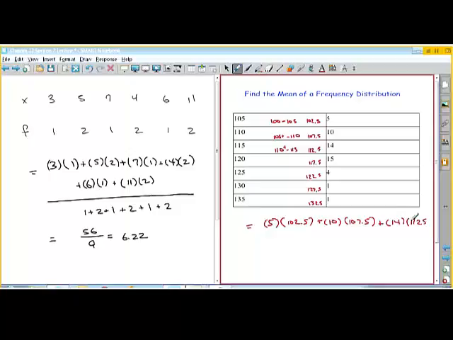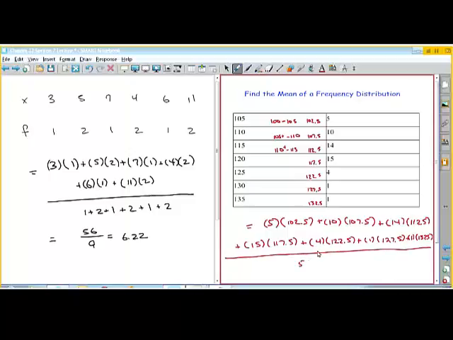The next class has 14 points, and we assume they average out to 112.5. Then we have 15 times 117.5 plus 4 times 122.5 plus 1 times 127.5 plus 1 times 132.5.